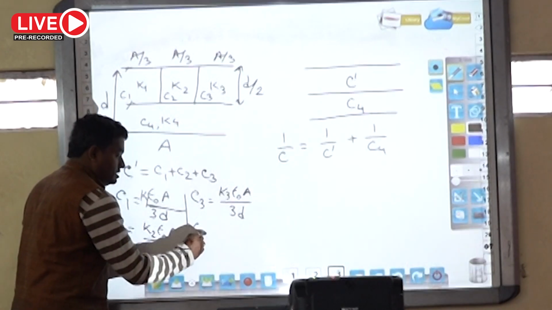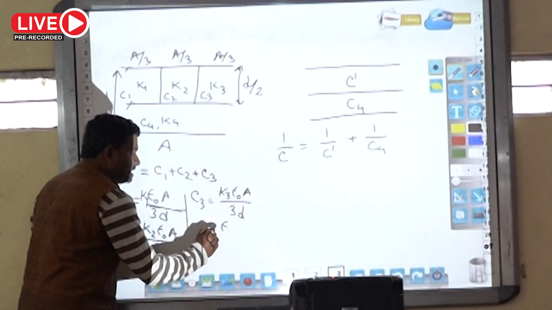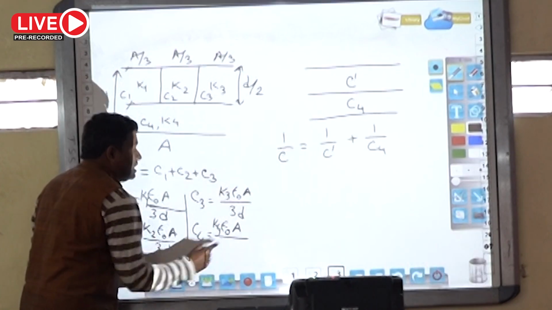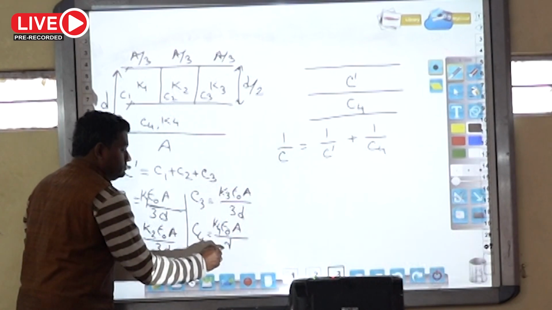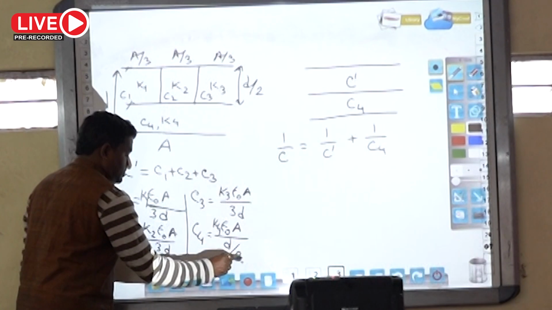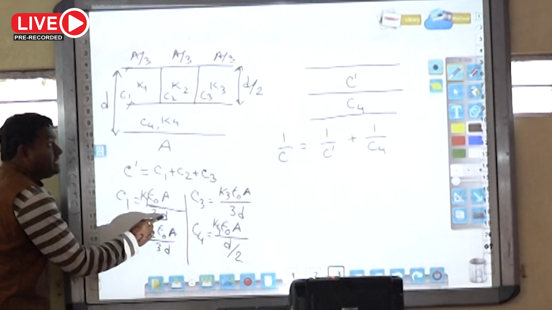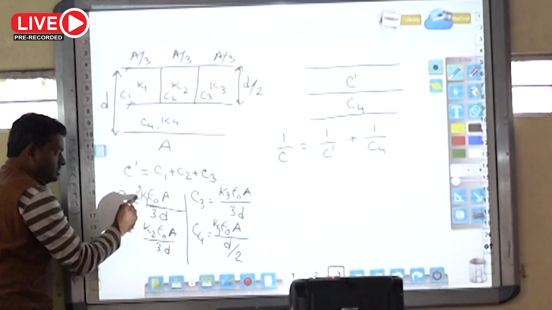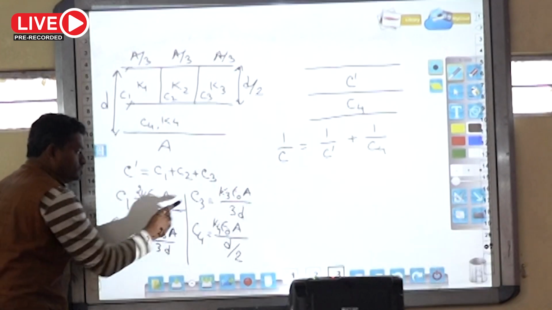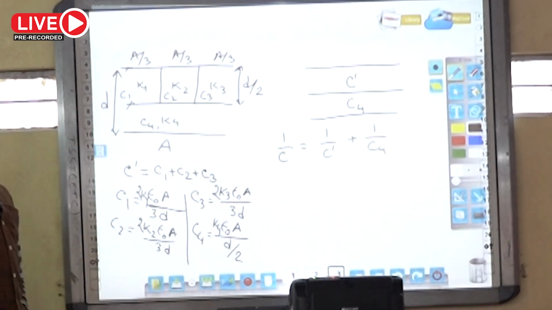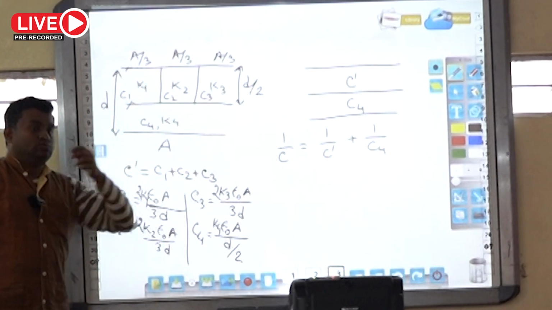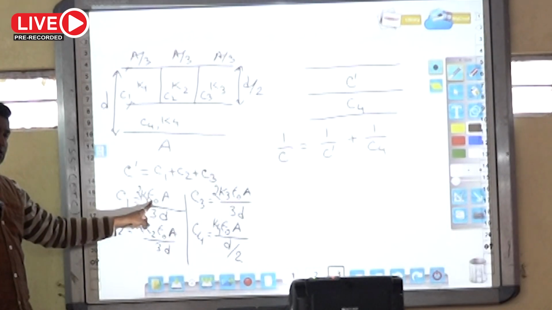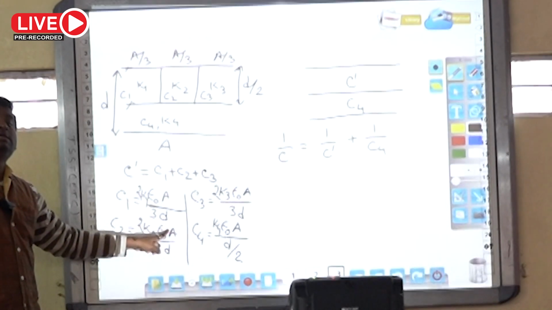And now C4 is K4 epsilon naught A by, now these are actually d by 2 each. So d by 2 means there will be a factor of 2. Distance is d by 2. C1 is then K1 epsilon naught A by 3 by d by 2.